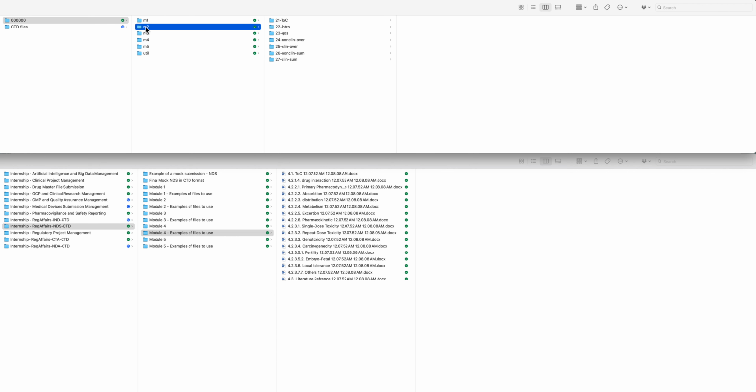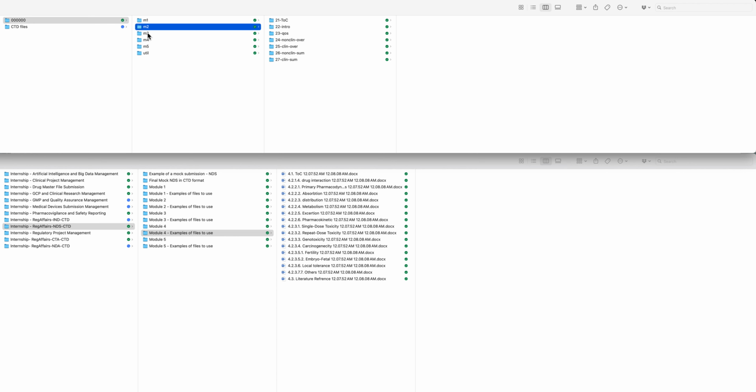Then we have module 2, which is related to the overall information or summaries of modules 3, 4, and 5. And of course you can see the structure of the backbone for CTD. This is as per ICH guideline M4.